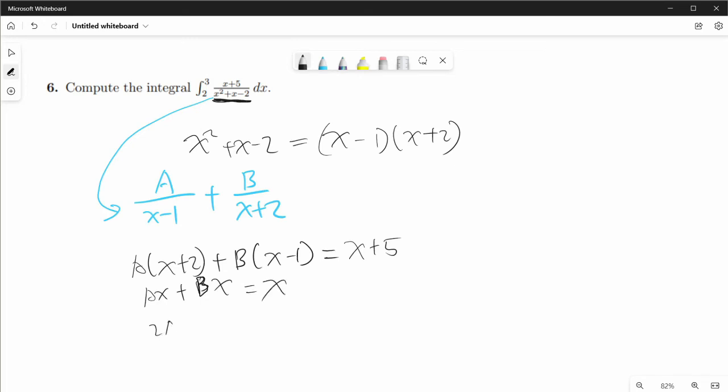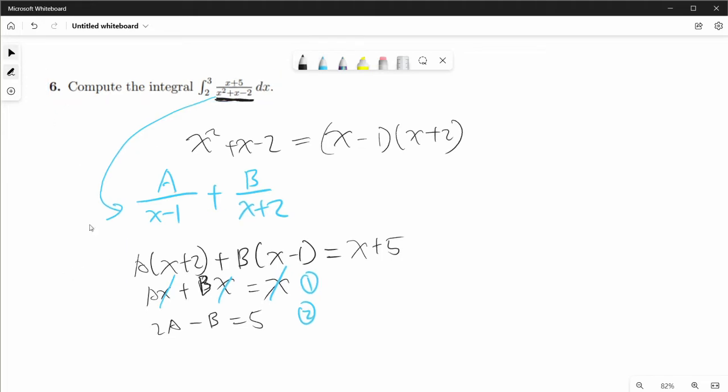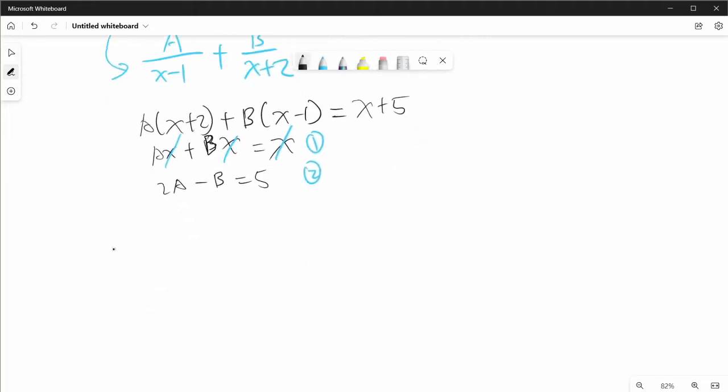And then we'll have the constant terms, 2A minus B rather, will be our constant term 5. Right, and then we can divide the x out on equation 1 here. So we have a system of equations, and then right, we have A plus B equal to 1.